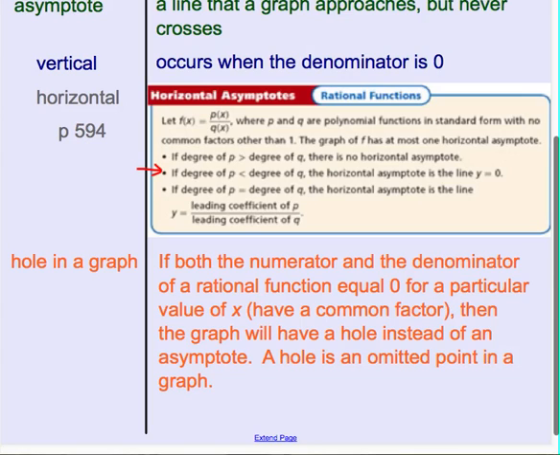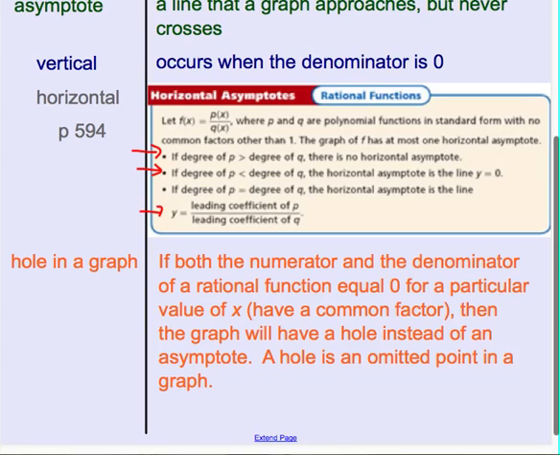If it's the other way around, there is no horizontal asymptote. And if the degrees are equal, the horizontal asymptote is y equals the lead coefficient of p over the lead coefficient of q. If none of that made sense, hopefully it will when we see a few examples with actual functions.